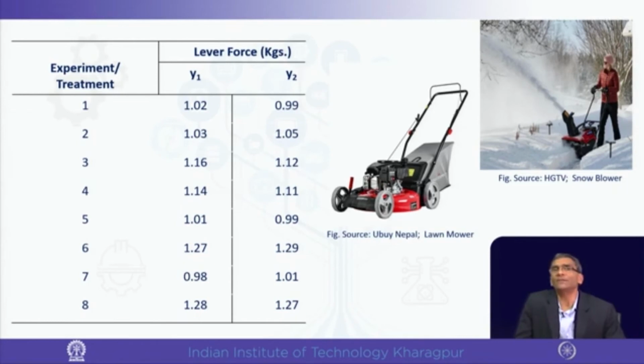L8 means there will be 8 treatment conditions, but the thing is here we could have just y1, but why have we taken y2? Because often it is found that a single value may be erroneous. If two values are not close, then we can investigate if anything has gone wrong.